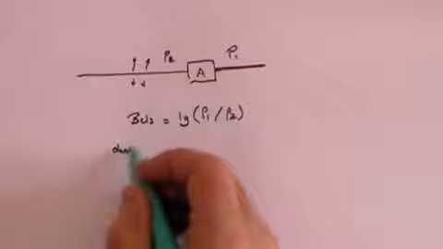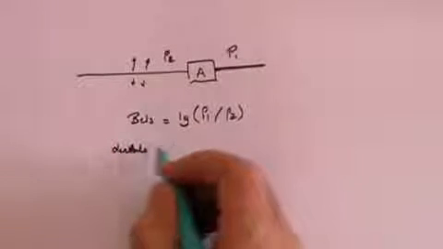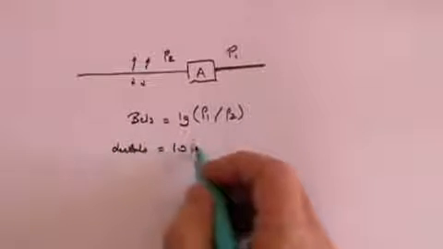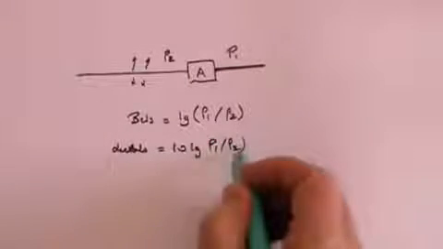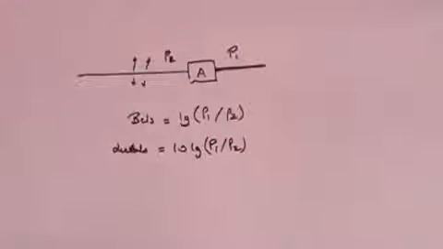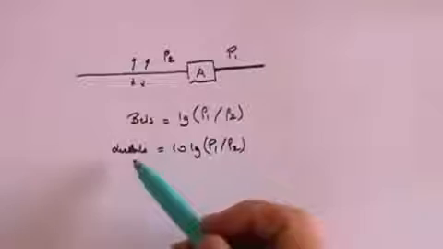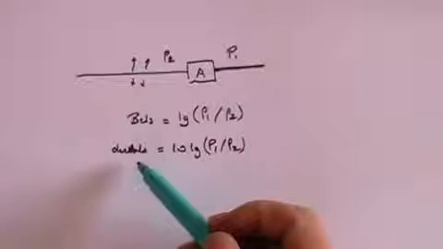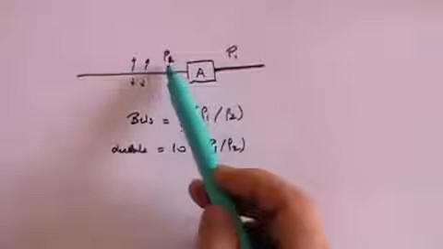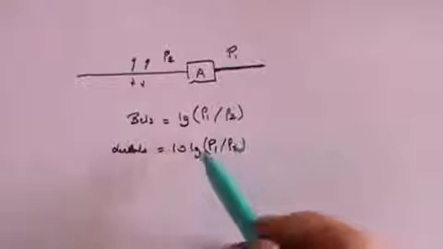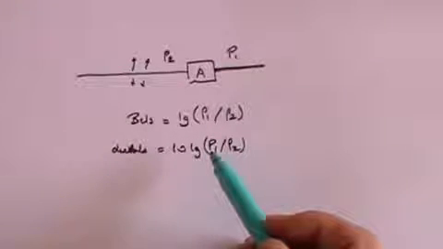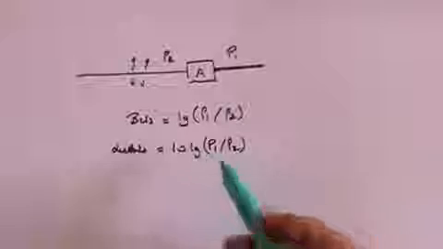So the number of decibels is equal to 10 times the log of P1 over P2, because there are 10 decibels in one bel. So if you know what is known as the gain of the amplifier, which is the number of decibels, and you know what the power in is, P2, then the only thing in this equation you don't know is P1. You can calculate the power.